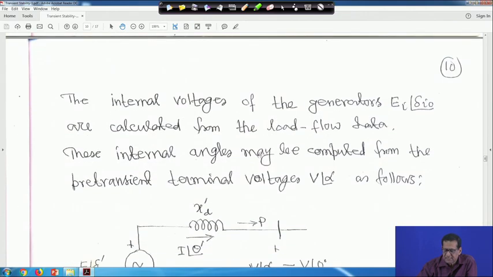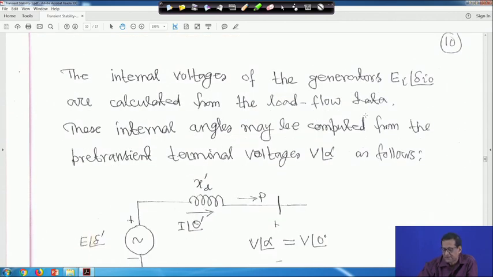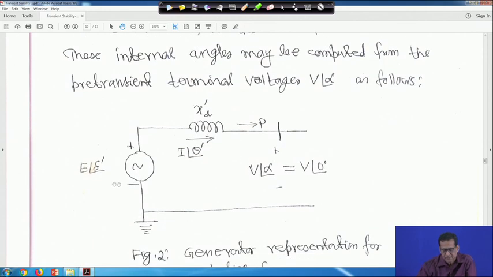So, the internal voltages of the generator, say E_i angle delta_i0, are calculated from the load flow data. These internal angles may be computed from the pre-transient terminal voltage V angle delta as follows, right. Suppose it is E angle delta dash, and this is your x_d dash, R is neglected, this is I angle theta dash, and this voltage V angle alpha is equal to V angle 0.